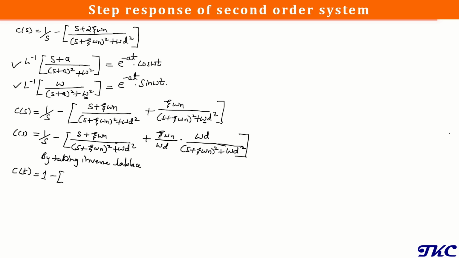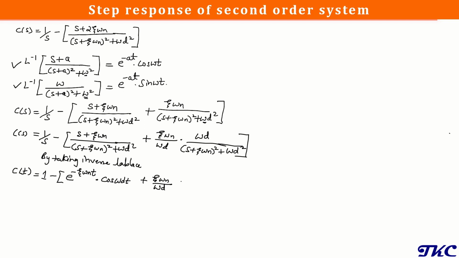So here a is this zeta omega n, so we will be having e raised to minus zeta omega n into t into cos of omega d into t, since this term is omega d, plus this zeta omega n by omega d is a constant, so it will be kept as it is, and again inverse Laplace of this one will be e raised to minus at into sine of omega t.